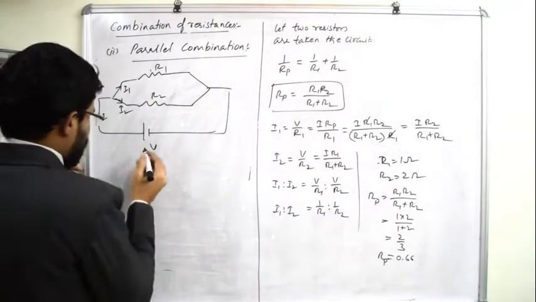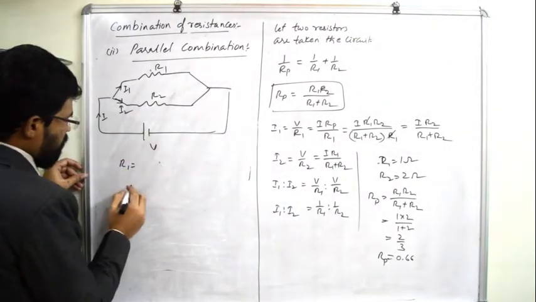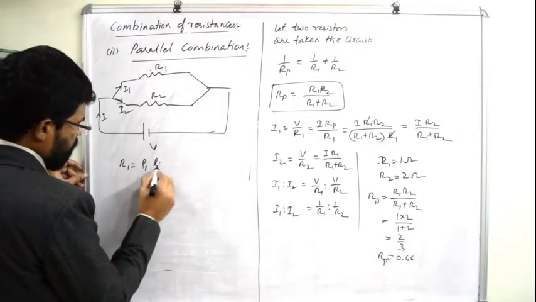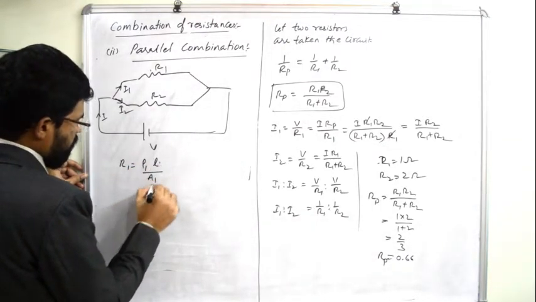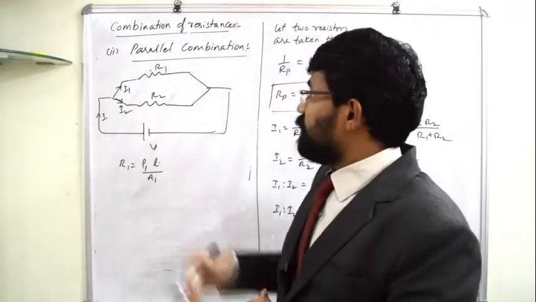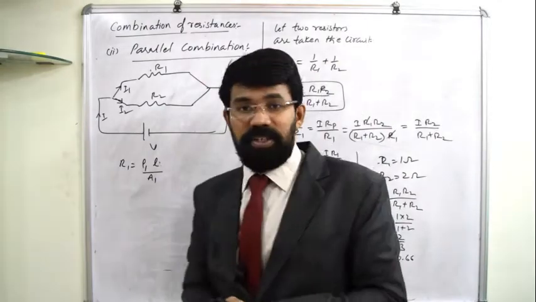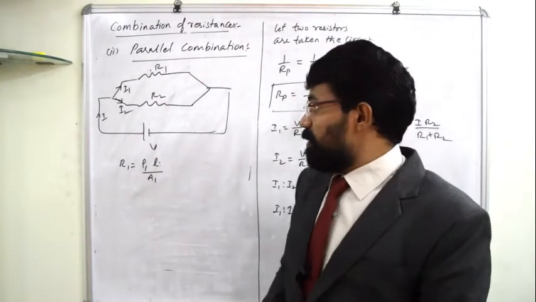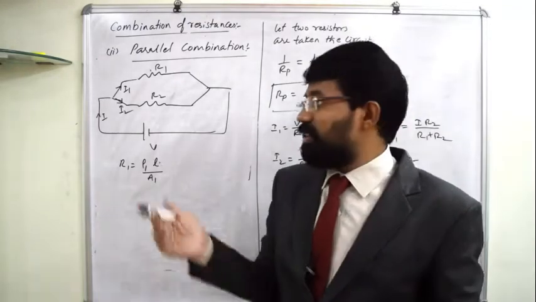So now R1 in terms of resistivity can be expressed as rho 1 L by A1. Here the lengths of the resistances are the same, but cross-section areas you can have different. You can have different cross sections, because the current entering is different, no?